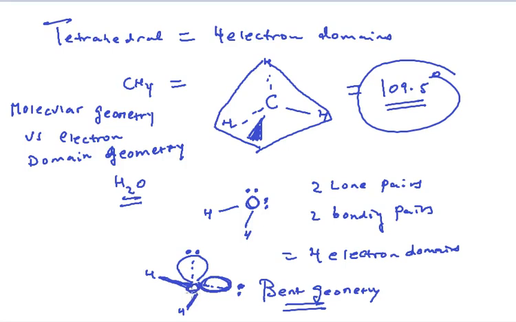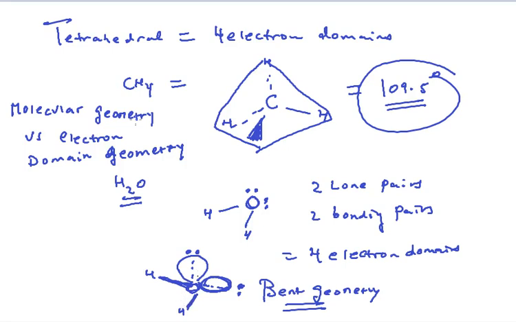Sometimes they are the same, sometimes they are different. So when someone asks for molecular geometry, don't worry about the electron domains or how the electrons are arranged; look at how the atoms are arranged. For electron domain geometry, you need to look at how the electrons are arranged.